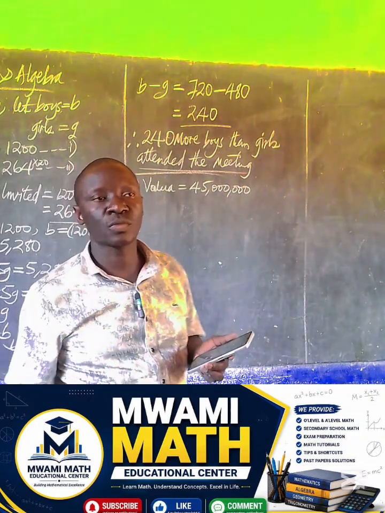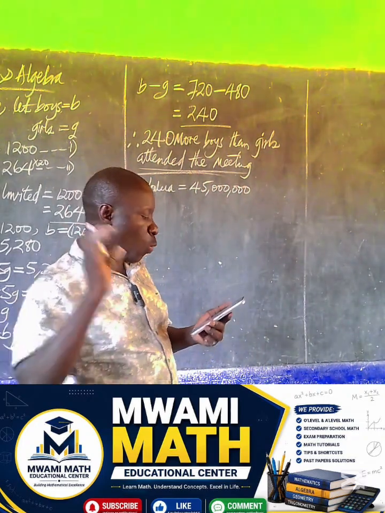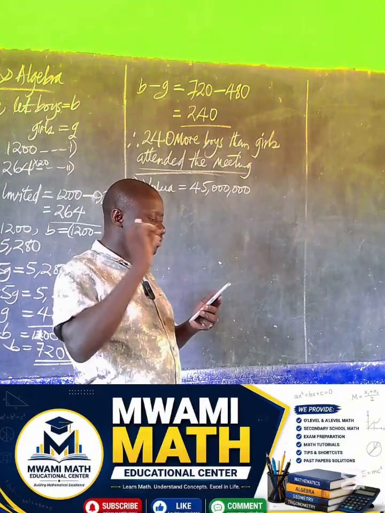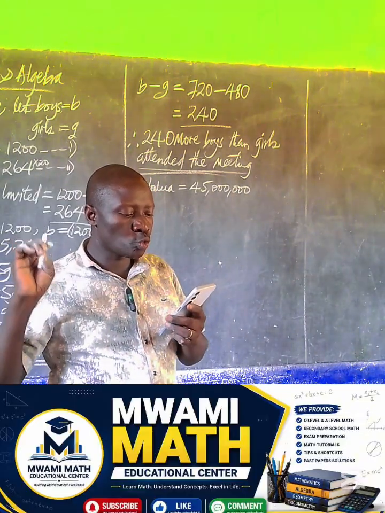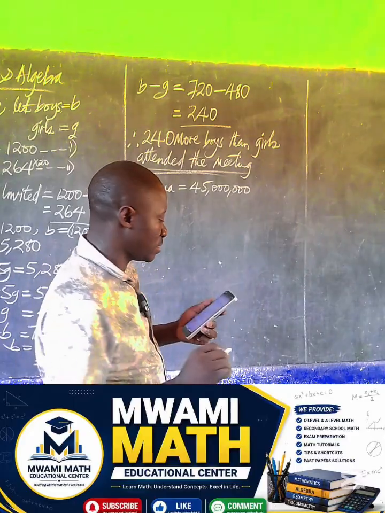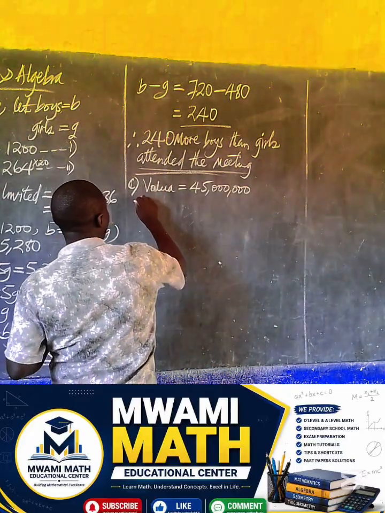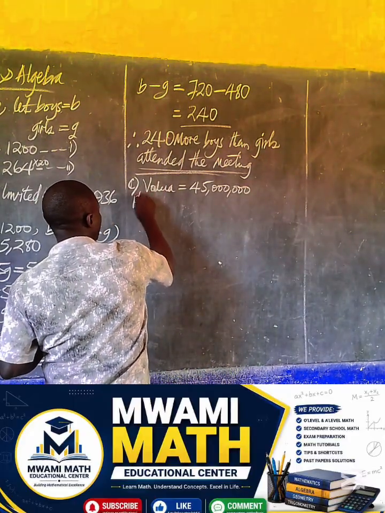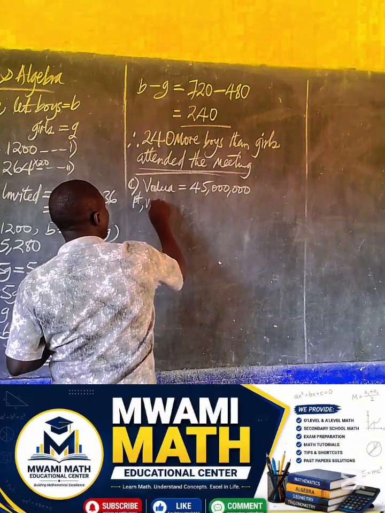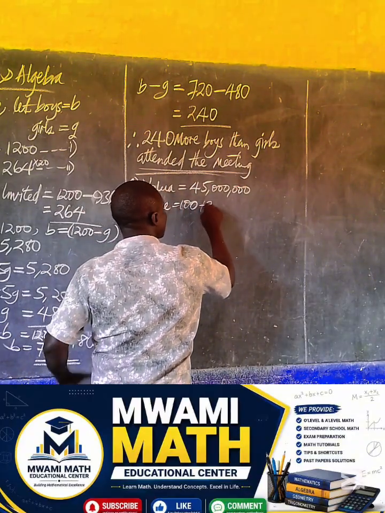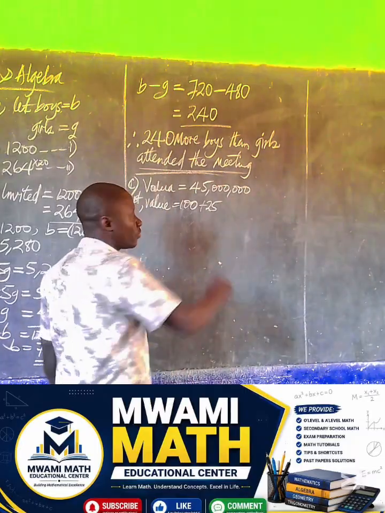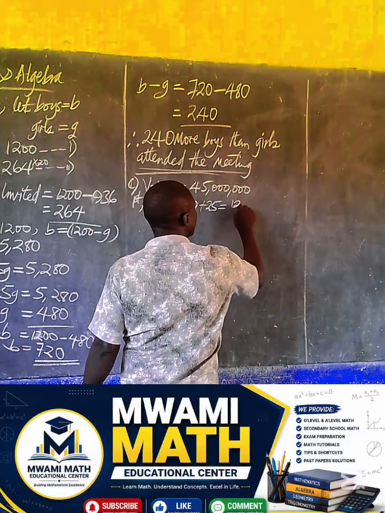So now, what we have to do, first of all, the original value of the house is 45 million. Now, what are they saying? They are saying in the first year, the value increased by 25%. So by the end of the first year, the value will be 100 plus 25, that is 125%.